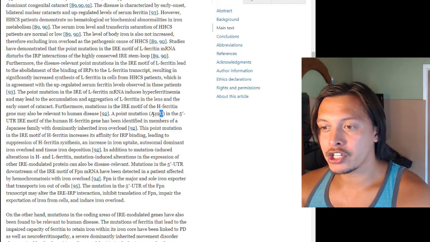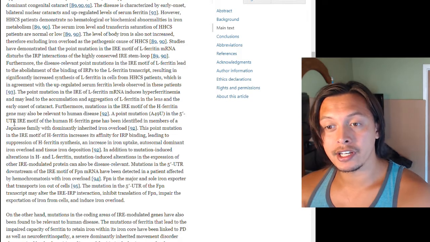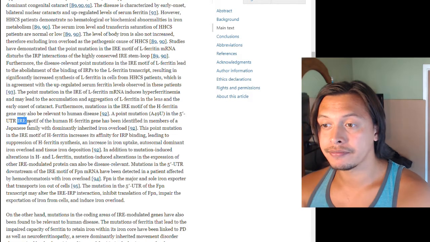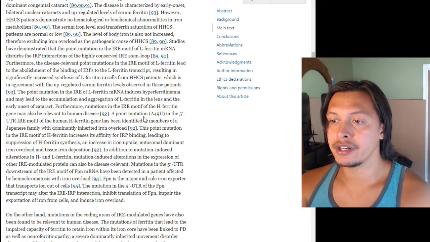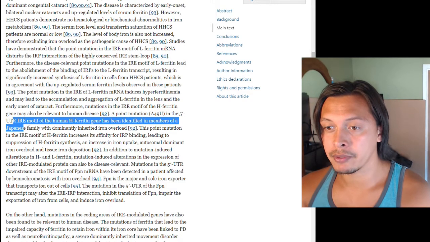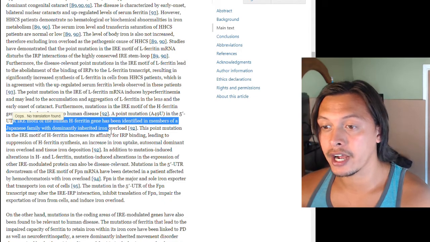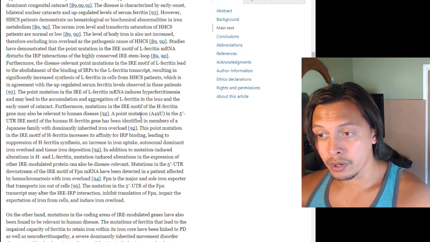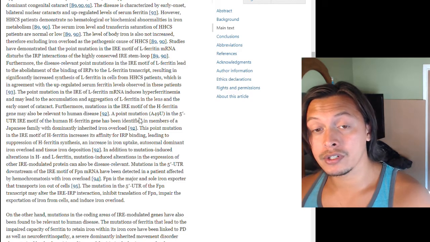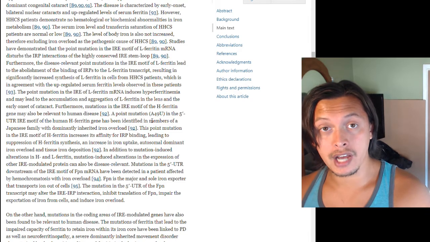If you have that change from A to U in the 5' untranslated region IRE motif of the human heavy ferritin gene, this has been associated in members of a Japanese family with dominantly inherited iron overload. So these people have a point mutation, and it was a dominant gene.